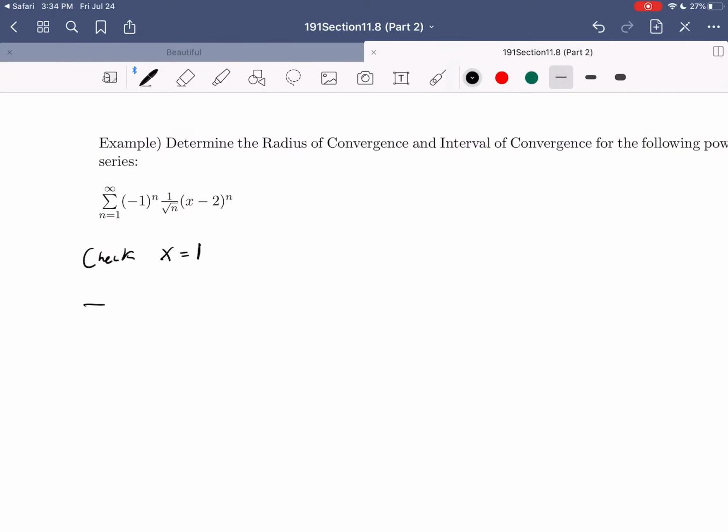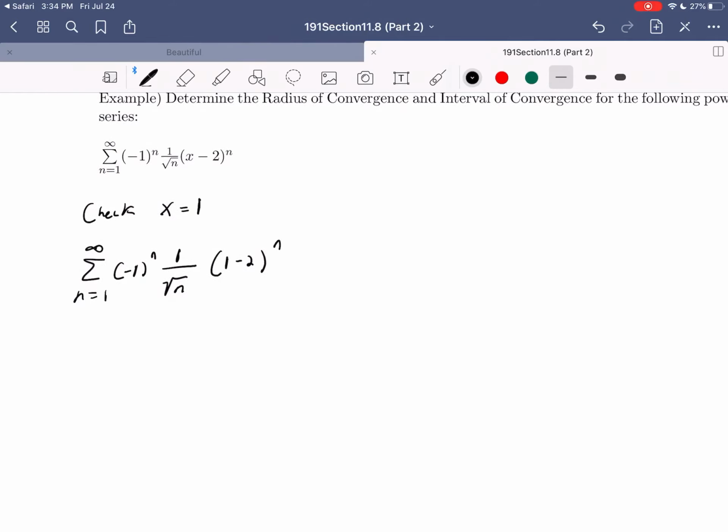That's going to give us the sum from n equals 1 to infinity of minus 1 to the n, 1 over root n, times 1 minus 2 to the n. That gives us the sum from n equals 1 to infinity of minus 1 to the n, 1 over root n, times minus 1 to the n.